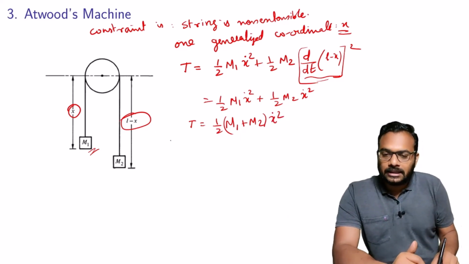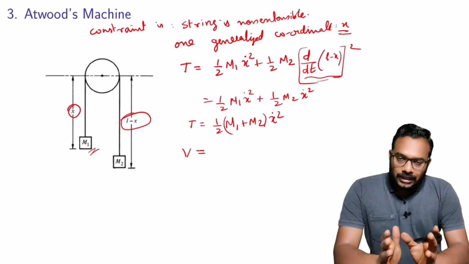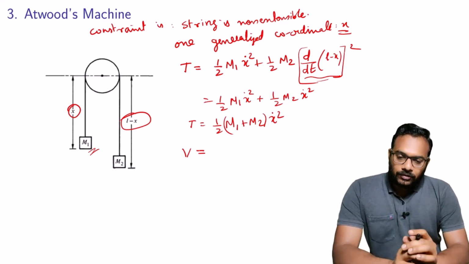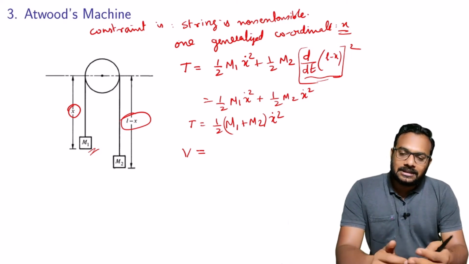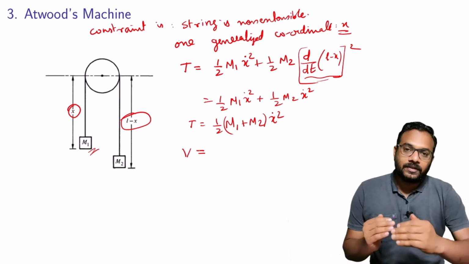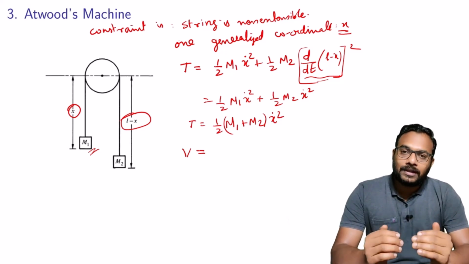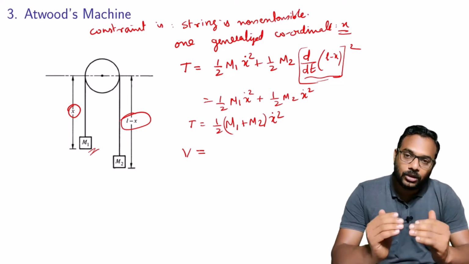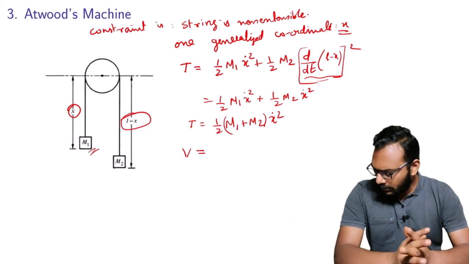What about the potential energy? When you write the potential energy, you have to be careful about the reference point. Sometimes you can choose reference points in such a way that the problem becomes very simple. Only the difference in potential energy between two points is physical, so you can always choose the zero of the potential energy at will.